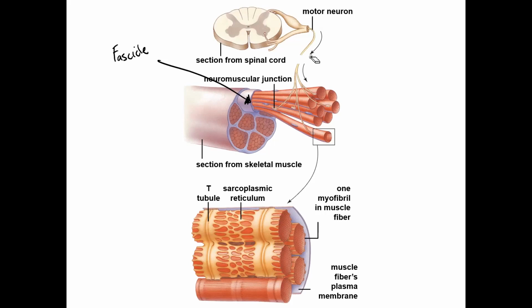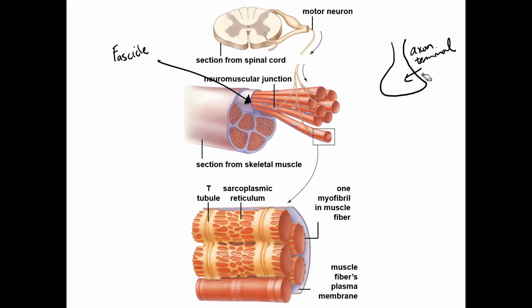All these motor neurons are going to split as they approach the muscle fibers, and make a connection with them. So the whole group is going to contract when the signal comes. This is a neuromuscular junction.